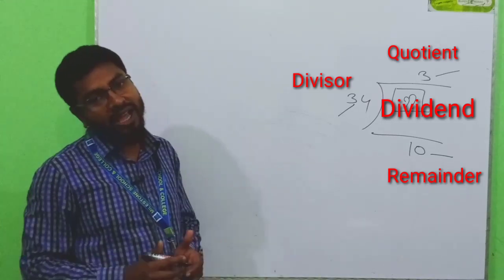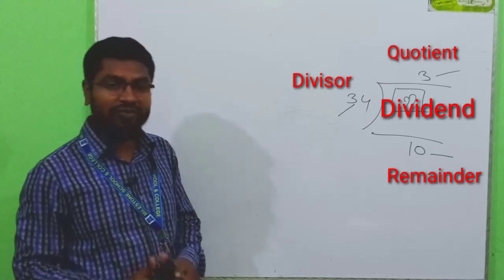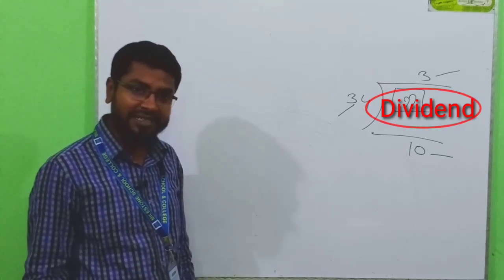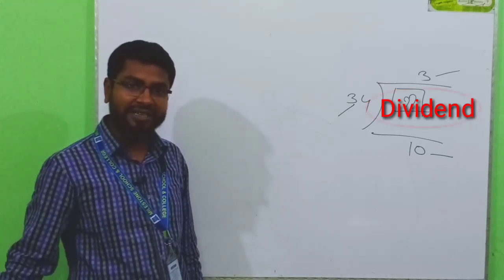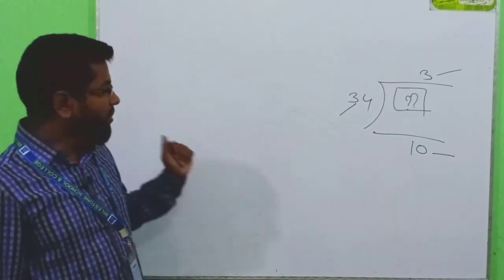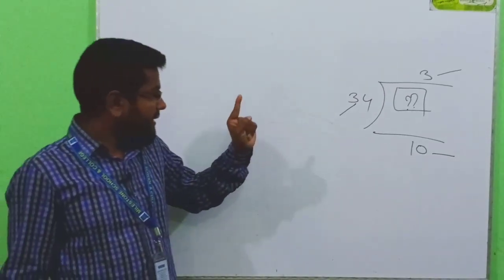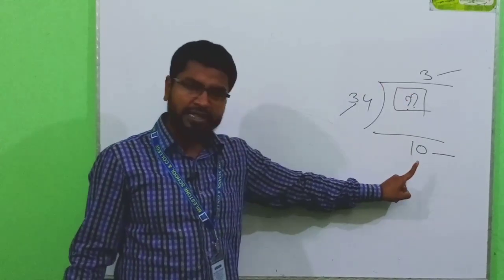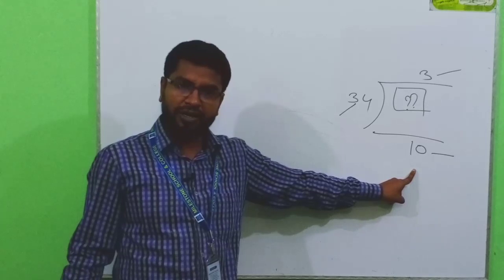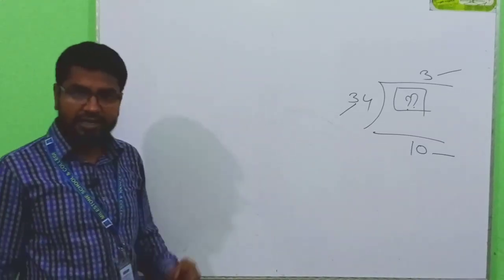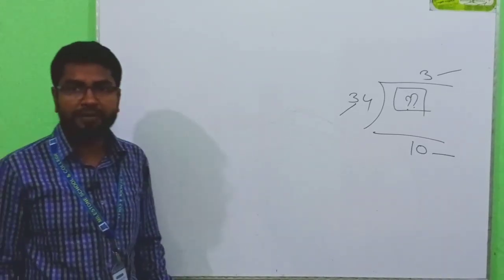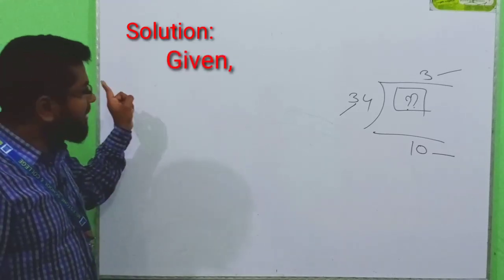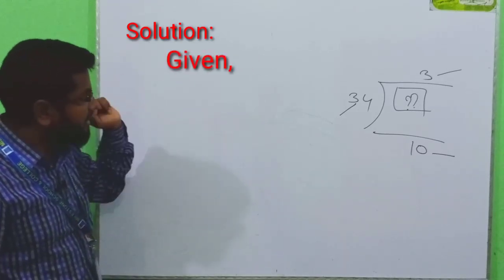So we know the formula for finding the dividend. Okay? And look, this is the divisor, this is the quotient, this is the remainder. So we can write the solution for this math. Remainder is 10.